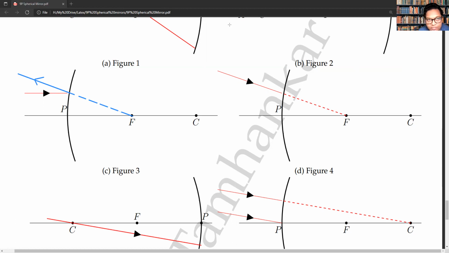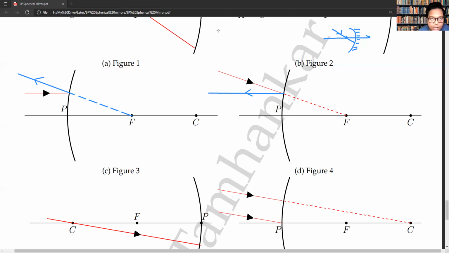In a concave mirror, if the ray would have passed through the focus, how will this ray go ahead? Can one of you answer this? The question is how will this ray go ahead? It'll go parallel to the principal axis. Yes, the ray will go parallel to the principal axis.